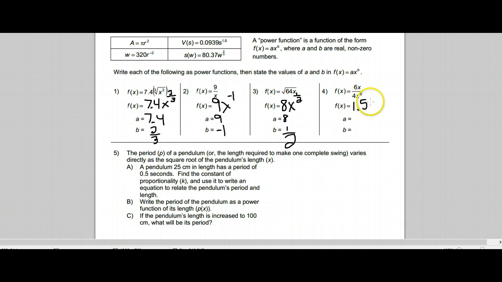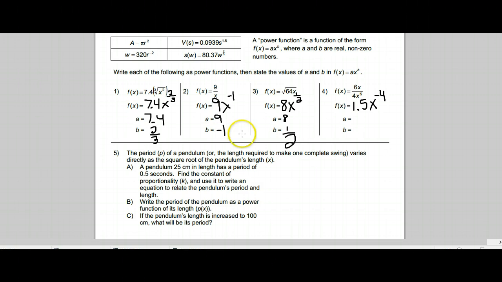Now we know we're going to have x next to it, and we need an exponent on the x. So notice that we're dividing like bases, so we subtract exponents. So we have 1 minus 5, which would give us a negative 4. And obviously a is 1.5, b is negative 4.